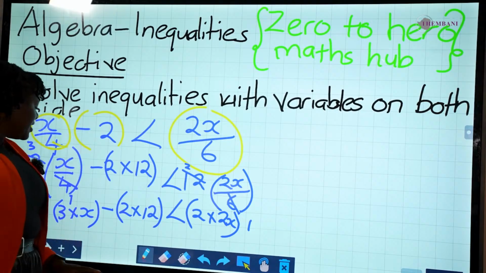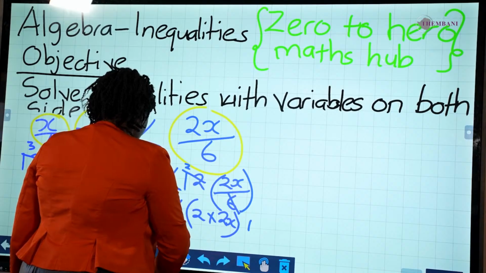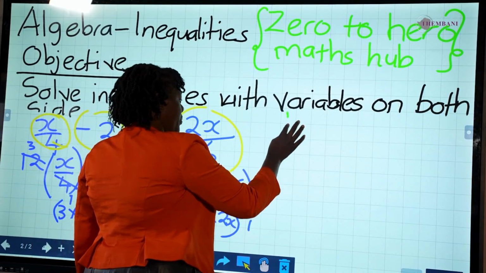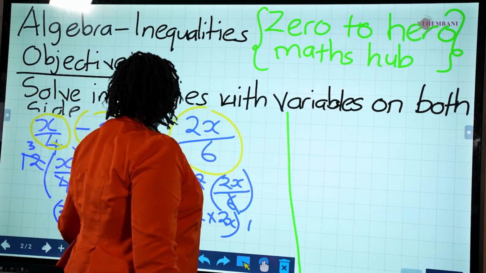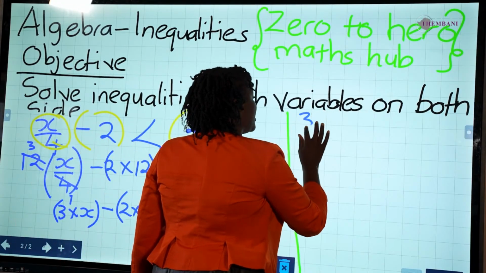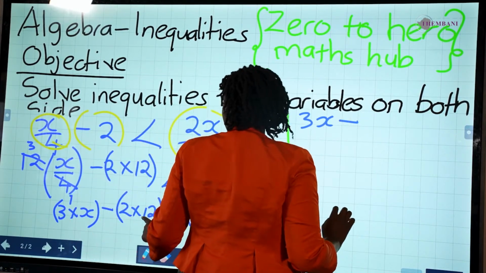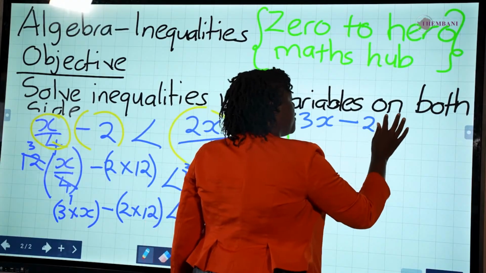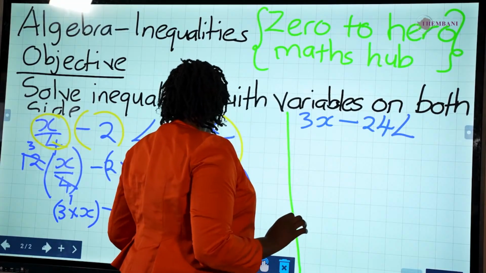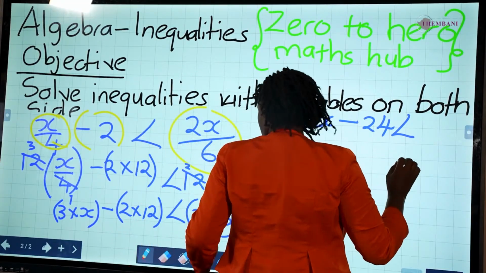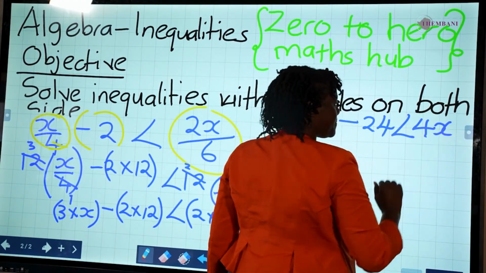I'm dividing my board again using the green ink so that we do not confuse each other. 3 multiplied by x gives 3x, minus 2 multiplied by 12 gives 24. This is less than 2 multiplied by 2x, which gives me 4x.